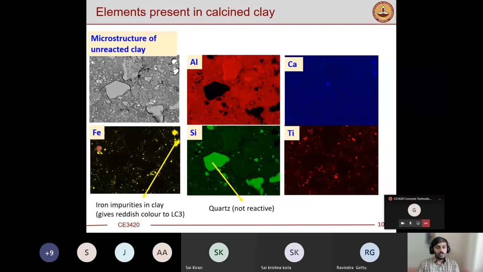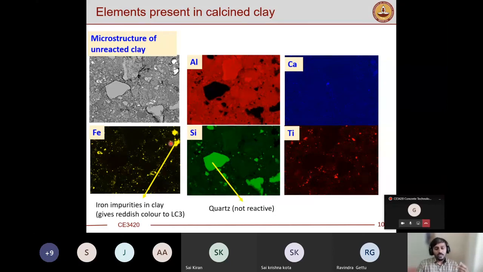So in general, the clay which we use in LC3 is reddish in color. One major reason why this reddish tone comes to the clay is because of the iron impurities which are present, right? Another important characteristic is that we can use this clay, which has a slight reddish color, in cement systems, because we are not worried about the color of the cement as much.